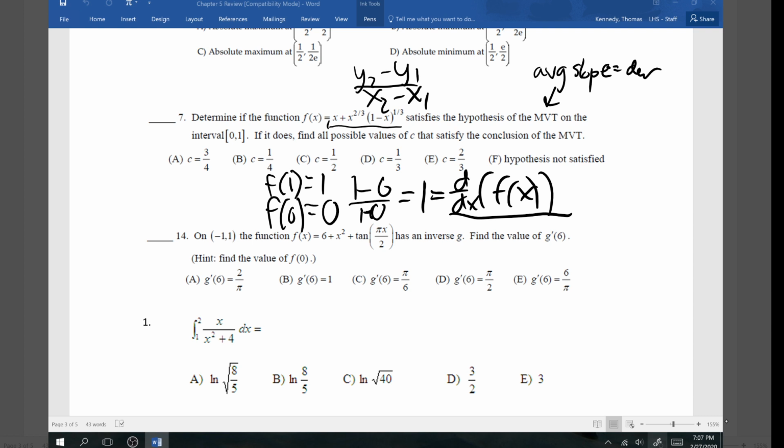Once you have the derivative graphed, all you have to do is see where it goes through 1. Usually I say f2 of x, by pressing tab and getting another graph, equals 1, and then I look for an intersection between this derivative of f of x and 1. That point is the point that gets us the answer.